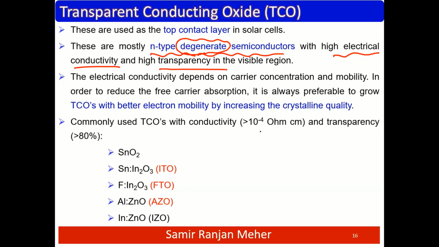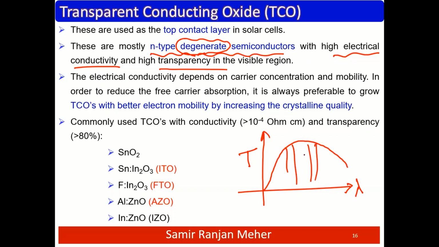And if you take the typical transmittance spectra, suppose this is lambda, of a transparent conducting oxide, mostly what happens is that this is the visible region, so there is high transparency in this region. In the infrared region, due to the large number of charge carriers, free carrier absorption takes place.